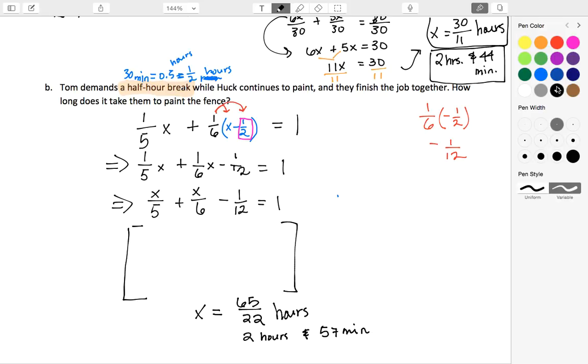So this piece, I'm going to be checking tomorrow in your notebooks as well. I want to see your work showing how you got x equals 65 over 22. Now, again, you can be creative. This is how you are creative for this piece. Be that creative problem solver, and you get to choose how to find the value for x.